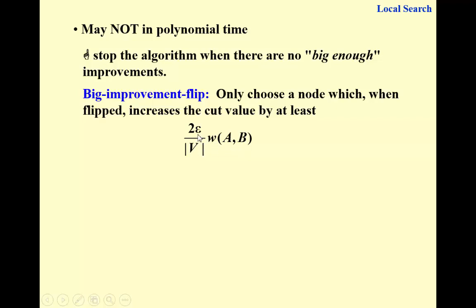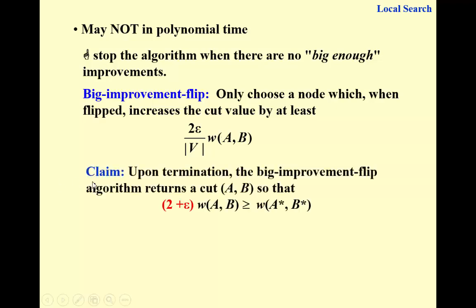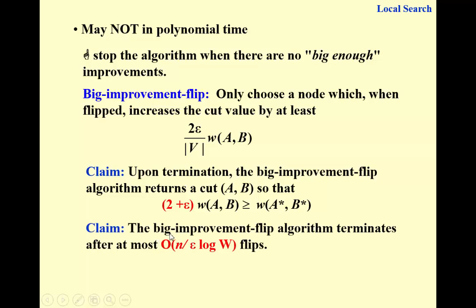So you see that when epsilon tends to 0, this tends to the accurate local solution, right? And we claim that upon termination, the big improvement flip algorithm returns a cut so that the approximation ratio is just a little bit more than 2. It's a 2 plus epsilon approximation. And another conclusion is that the big improvement flip algorithm terminates after at most that many flips.